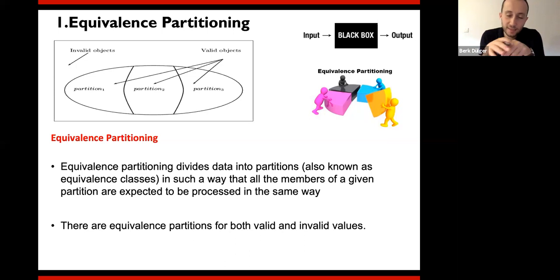And that technique tells us it is much better to select test scenarios homogeneously from each partition rather than selecting randomly. Let's consider my previous example.